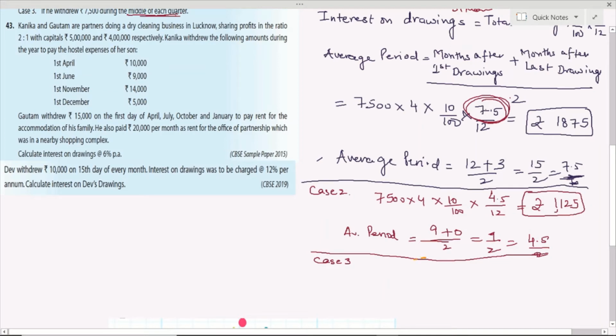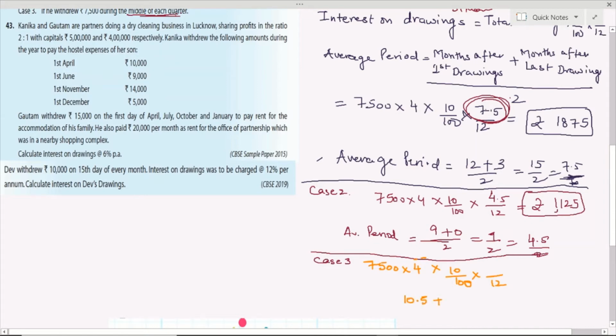Again in this I'm going to take the same thing, 7,500 drawings, multiply by 4 because every quarter he is withdrawing, rate by 100, average period by 12. So let's see the average period.